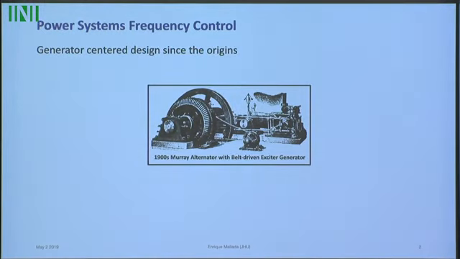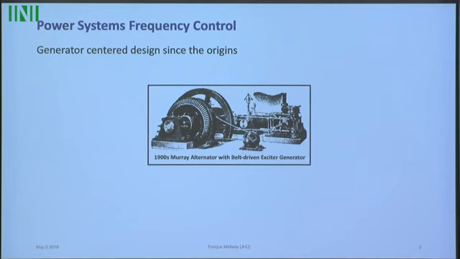Okay, so let's go back to the beginnings in a more stylized way. Frequency control in particular, since the beginning, has been centered around generators, making sure that generators keep a certain steady state speed, which is actually proportional to the frequency.